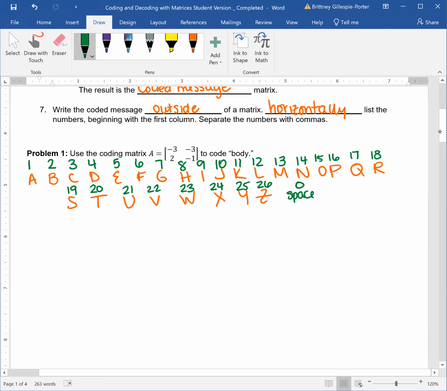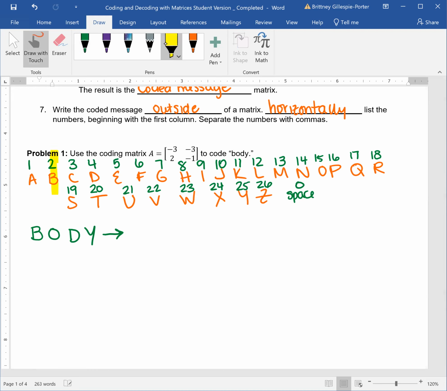We just did that. Step three, we need to convert our message, which was body, into numbers. Okay. So B is 2.